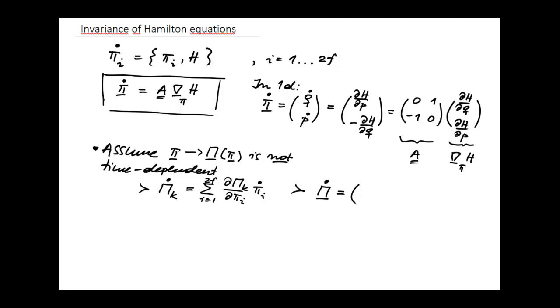Here we have new with respect to old, that's the inverse, and it's also the transpose, so we have the transpose of the inverse Jacobian applied to the little pi dot vector. When we look at the gradient in there we have partial derivatives of the Hamilton function with respect to phase-space coordinates. So let's look at the partial derivative of the Hamilton function with respect to a new phase-space coordinate.